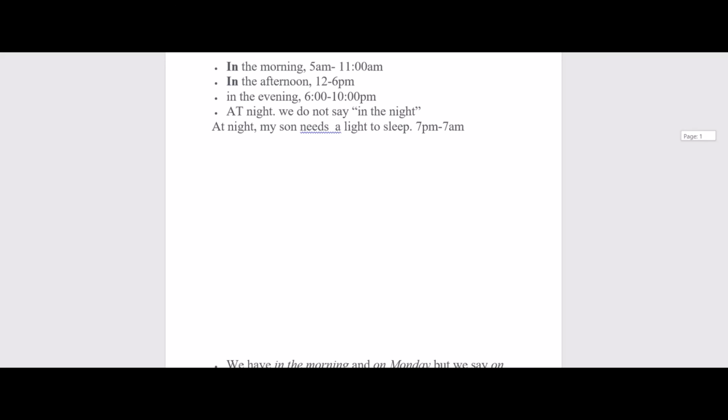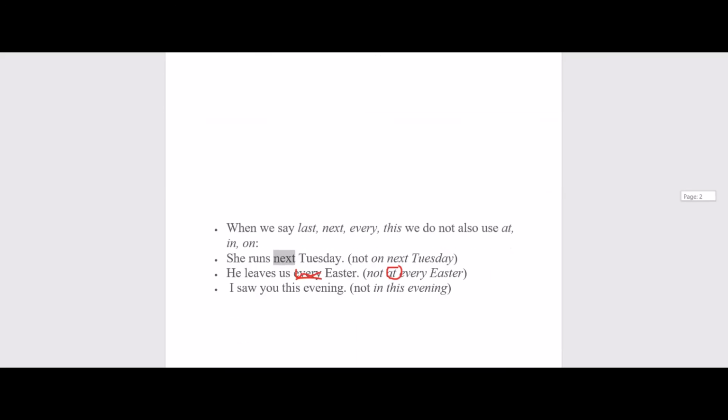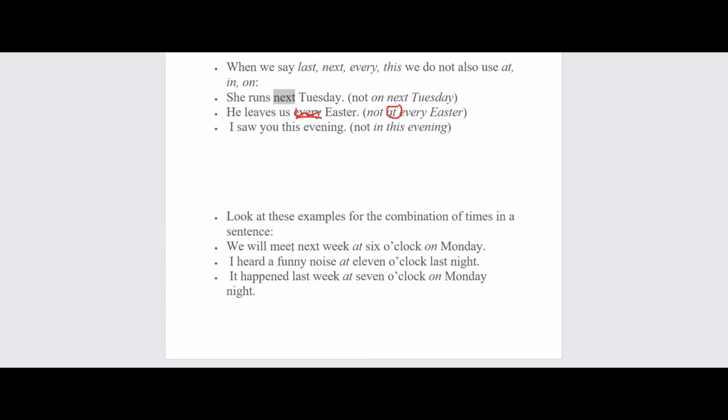All right, and then lastly, here are examples of some combinations. We will meet next week. So look, next week, so no at, on, or in. At 6 o'clock on Monday. So we did the time and the day. So at the time, on Monday.